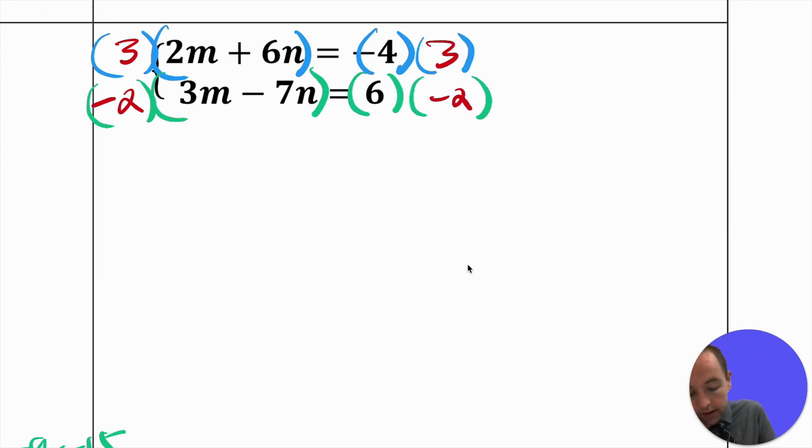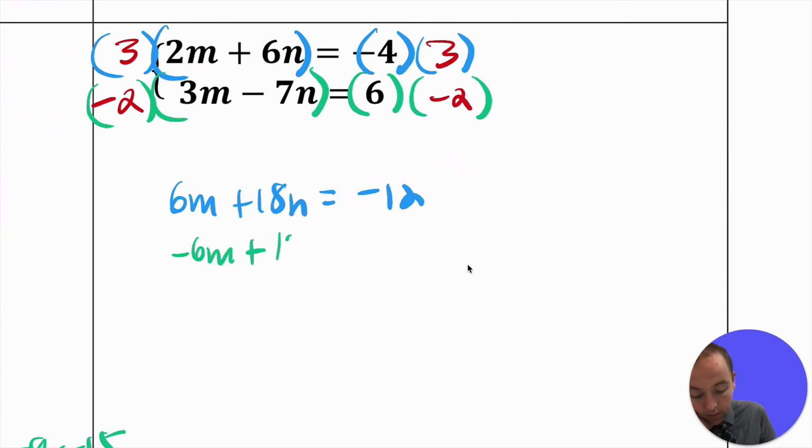So you're going to then get 6m plus 18n equals negative 12 for the first equation, and then negative 6m plus 14n equals negative 12 for the second equation when you do all that distribution.